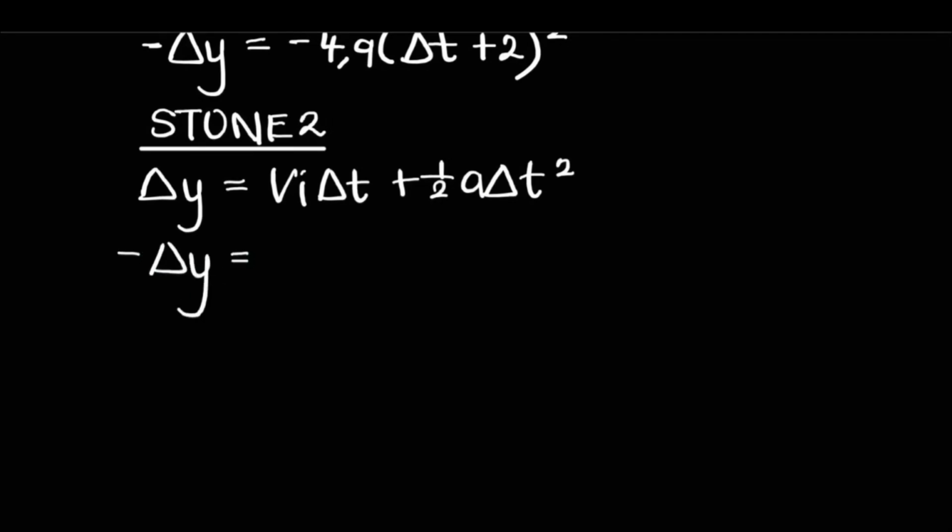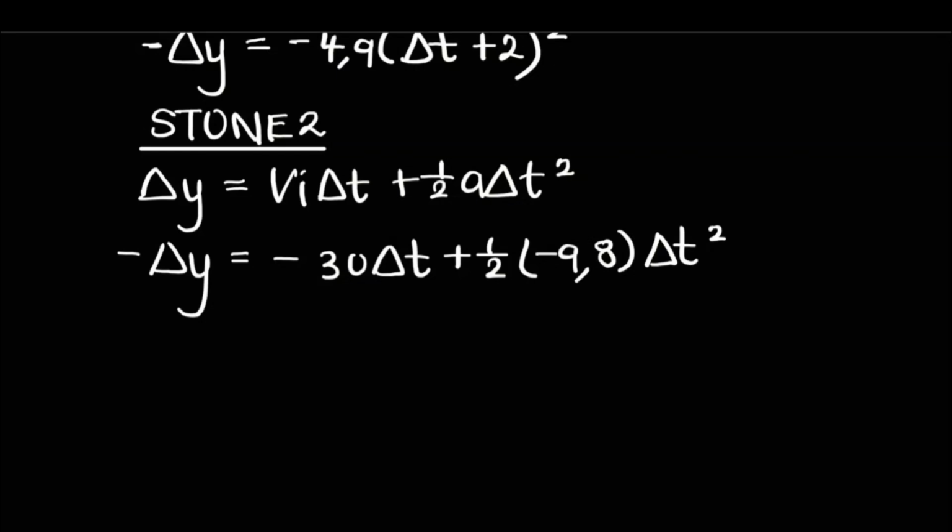But remember, stone 2 was thrown. So its VI is going to be negative 30 delta t plus a half into negative 9.8 delta t squared.